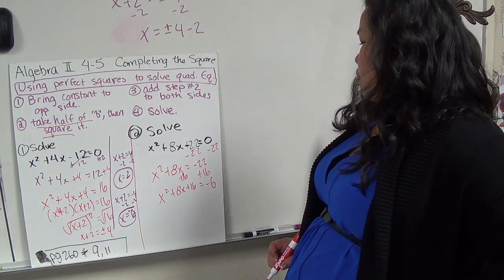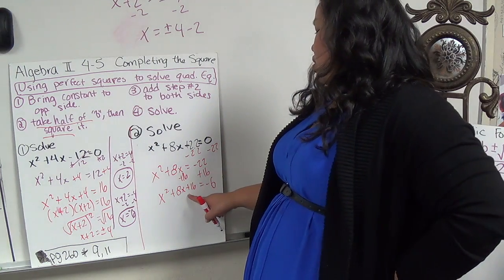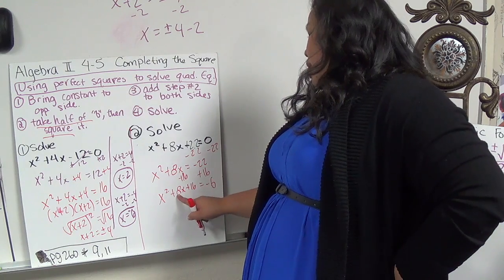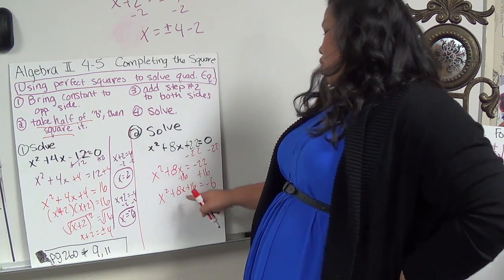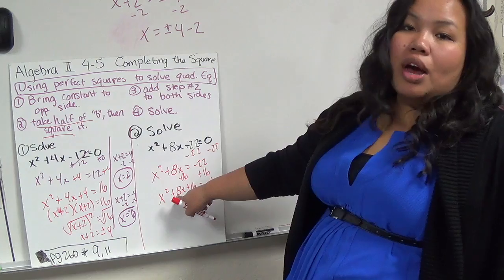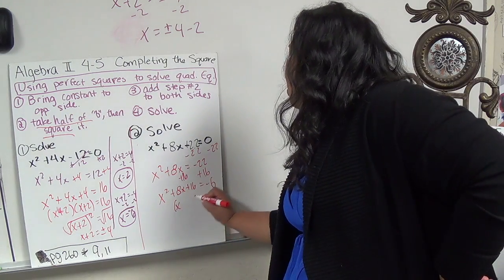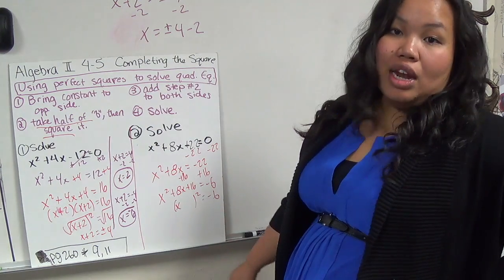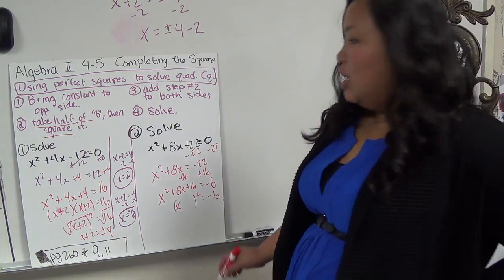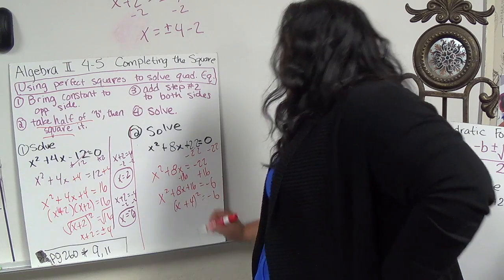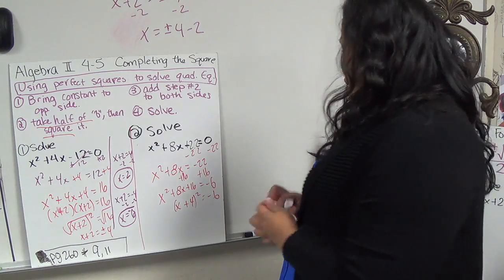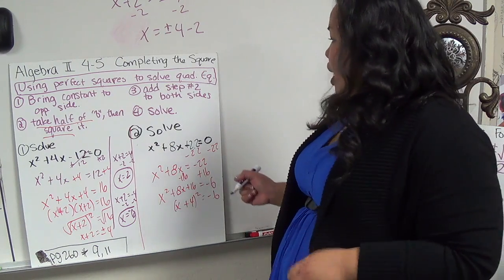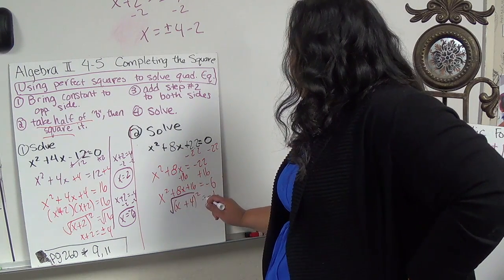Right? So from here, I know that the number that goes here is just half of that number. So half of positive 8 is positive 4, and then I can solve it, just like I solved the rest. Okay, so I'm going to start by square rooting both sides.